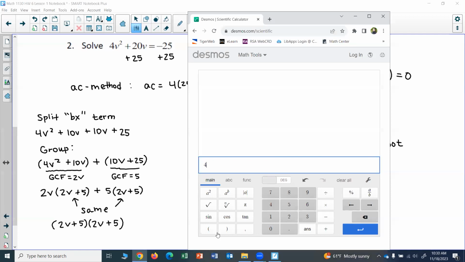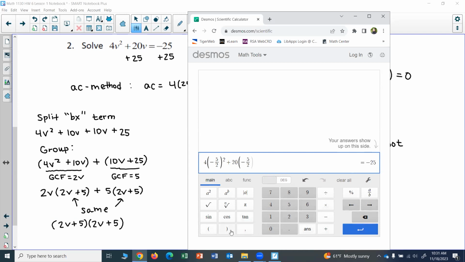So I have 4 parentheses, negative 5 over 2, close the parentheses, and square. And then plus 20v, so plus 20 parentheses times negative 5 halves.